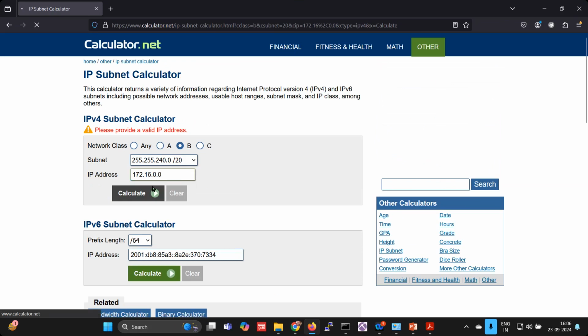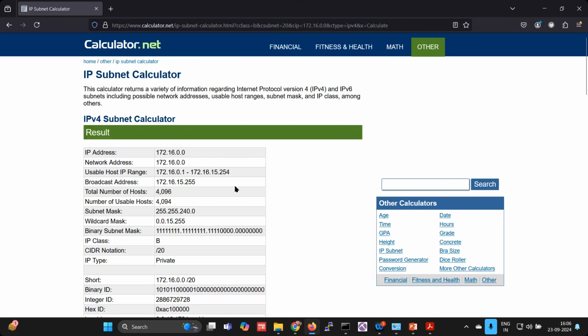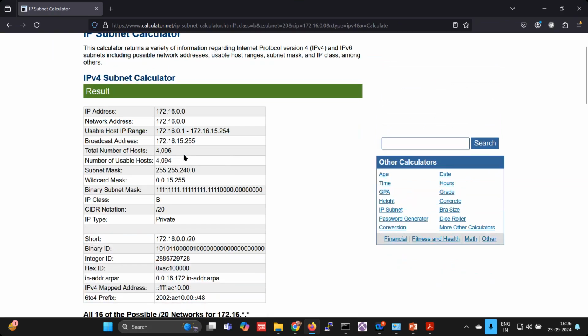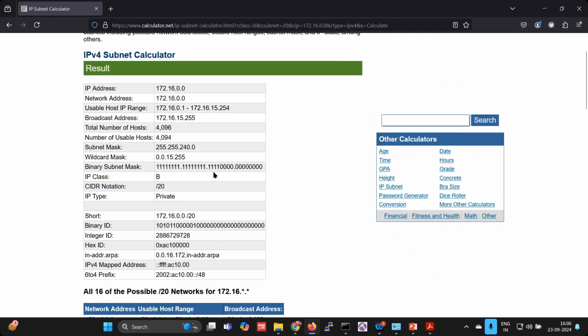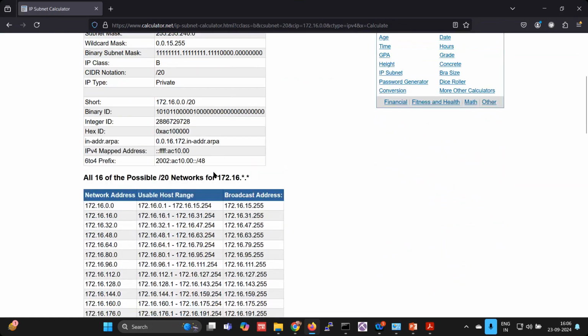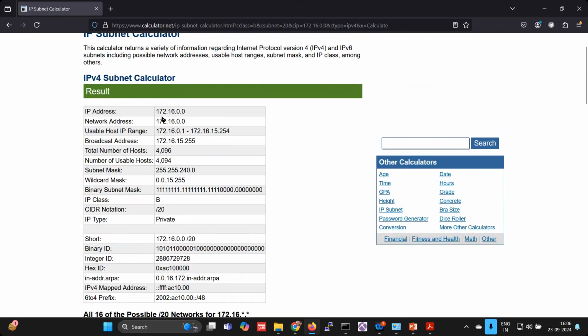So here, yes, now it is showing something. With this option and this requirement, this is our network address, this is the usable IP range, and this is the broadcast IP address for a particular subnet.